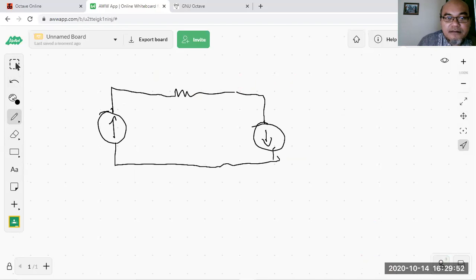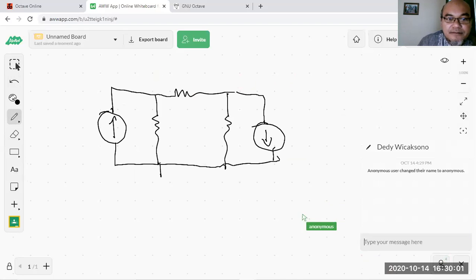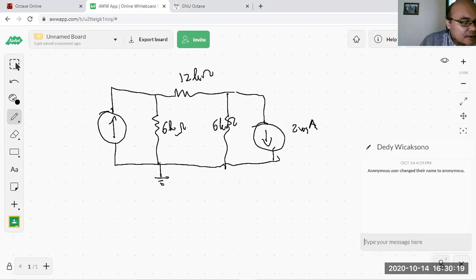So this is connected, it's a node. Then this one is connected to two resistors. So the reference is this lower part. So this is 12 kilo ohm. This is 6 kilo ohm. 6 kilo ohm. This is 2 milliampere. And this one is 4 milliampere. This one is V1. This one is V2.